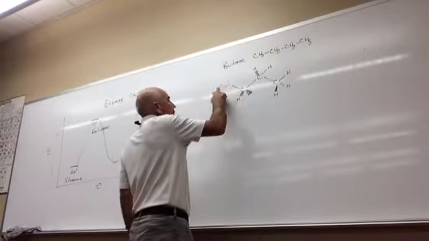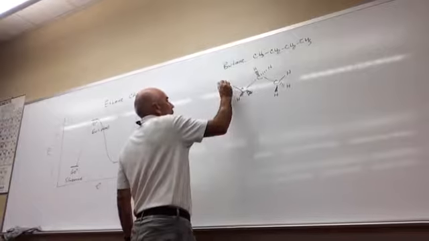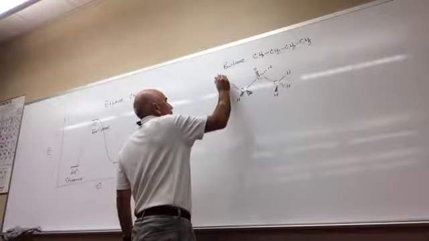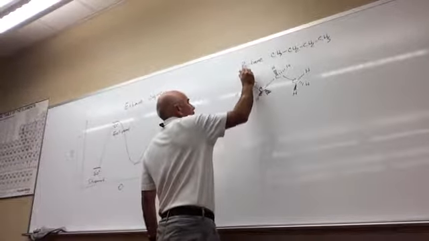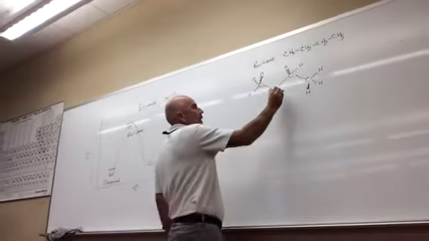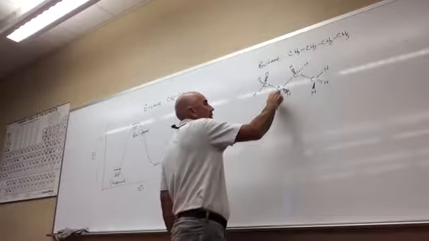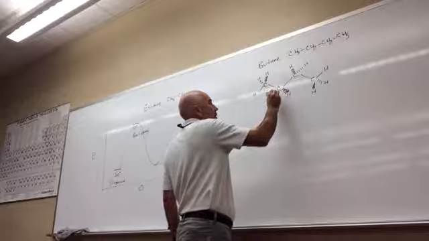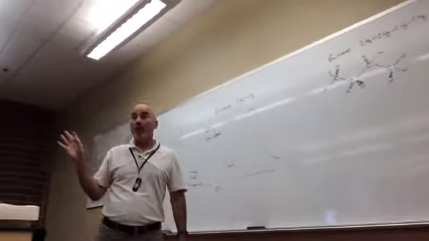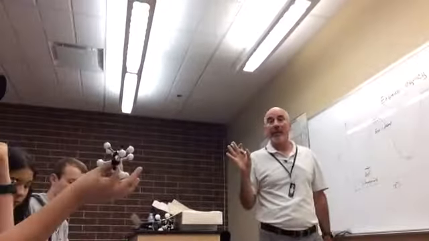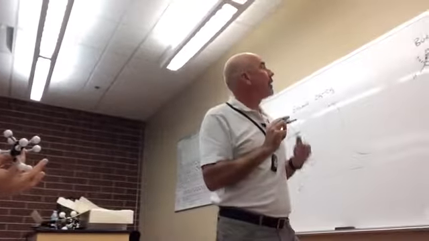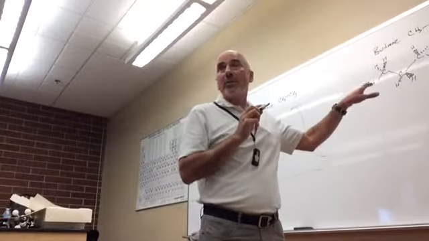I'll do this one too. Okay, so what I've done there is I've said that everything that is a wedge is coming forward that's in this part of the room, and everything that is a dash is going into computer science.